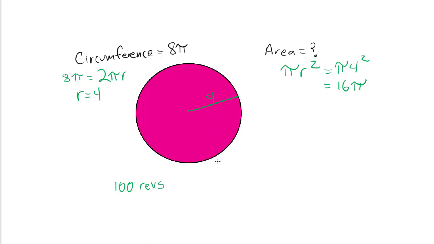Each revolution is 1 circumference in length around the circle, which means I multiply the number of revolutions times my circumference of 8 pi, which gives me a total distance, assuming there's no skidding on my wheel or tire, that's equal to 800 pi units.